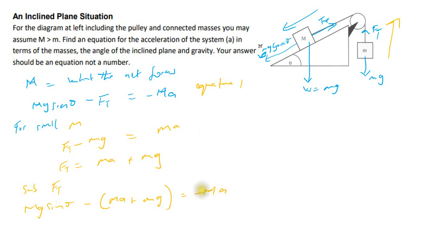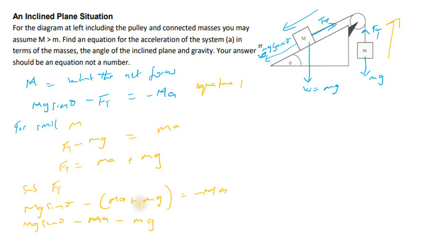Now, with that being said, we can go ahead and expand this with the negative signs. If we go ahead and do that, we have mg sine theta minus ma. By the way, this is small m times a minus mg, wait, there might be something. Let me just check. Yes, it's correct.